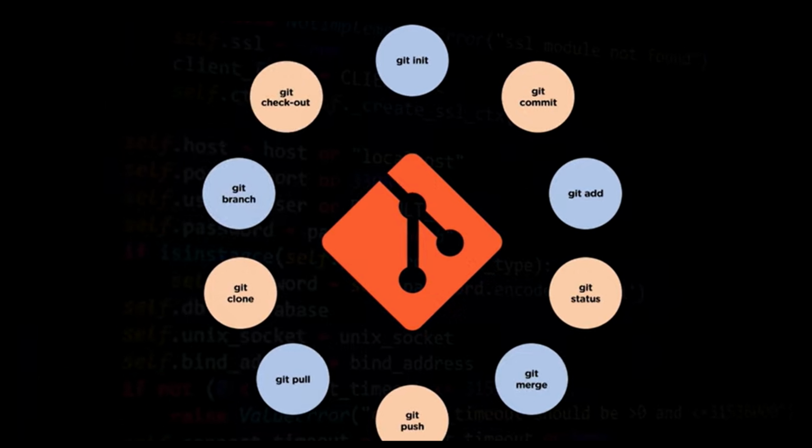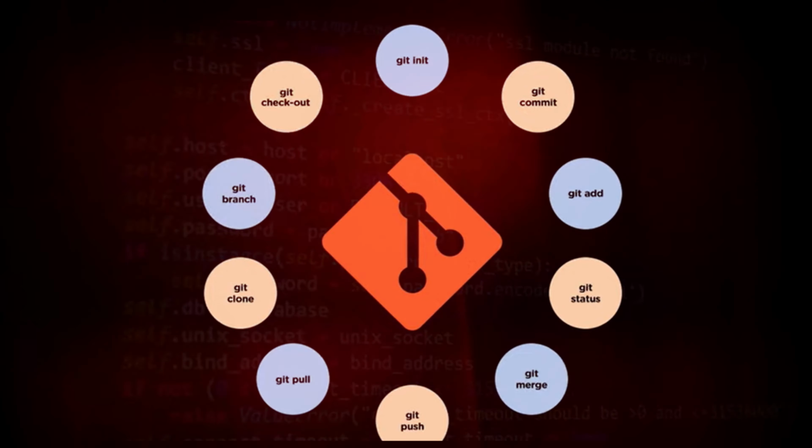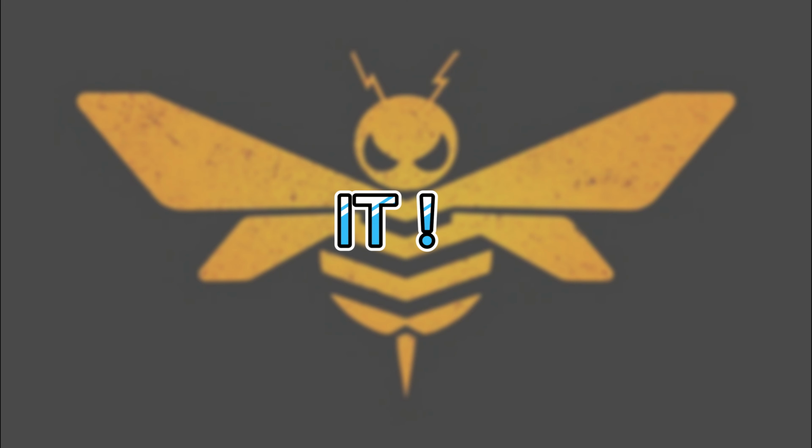Then we will move on to commands like git merge to combine branches, git push and git pull to work with remote repositories, and git clone to copy projects. Finally, we will learn how to manage branches using the git branch command and switch between them using git checkout. Alright, let's jump right into it. On the screen, I will show you exactly how to use the commands step by step.